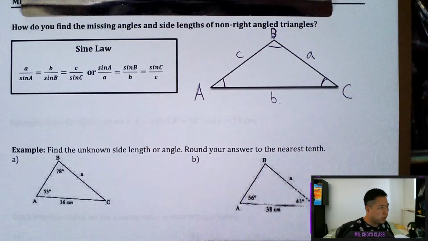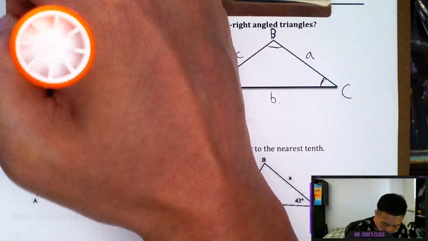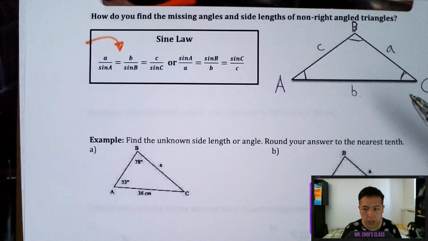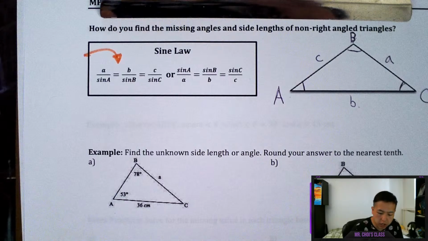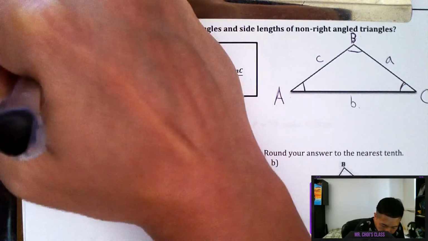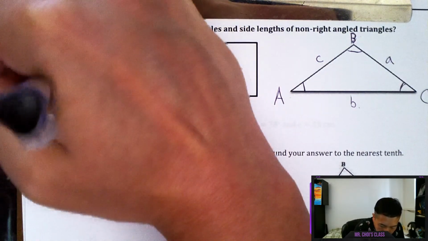So, the main thing that you have to understand here: you can use either, but there's always a better choice for a specific scenario. Use these when solving side lengths.